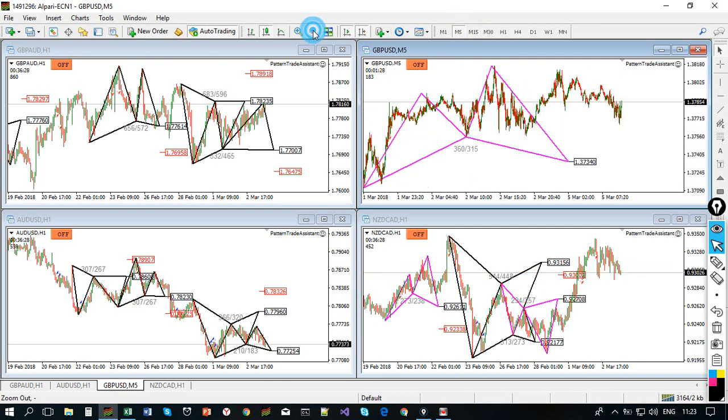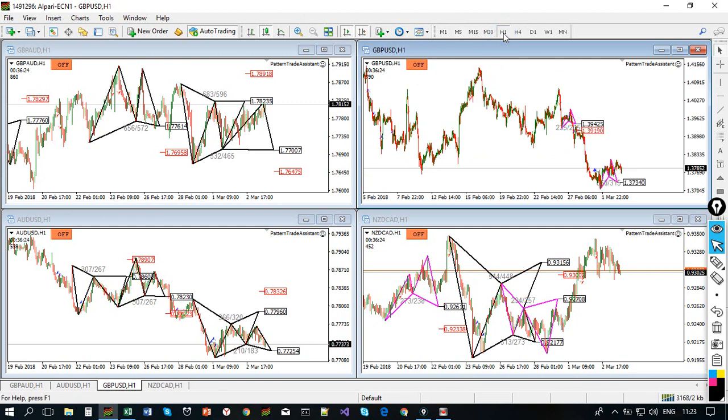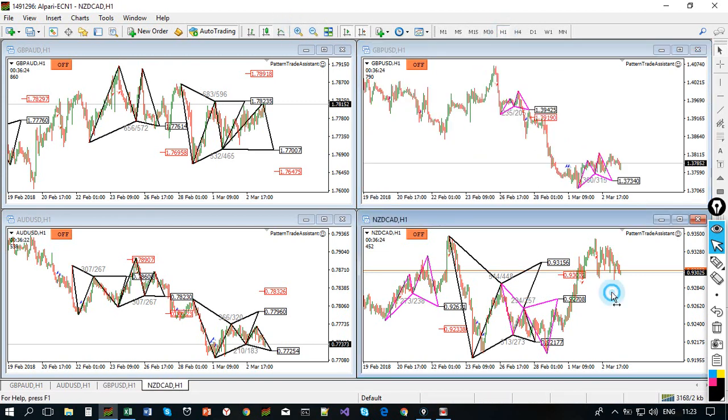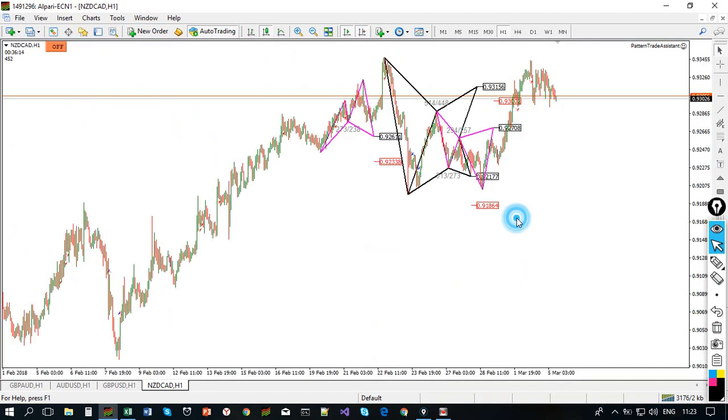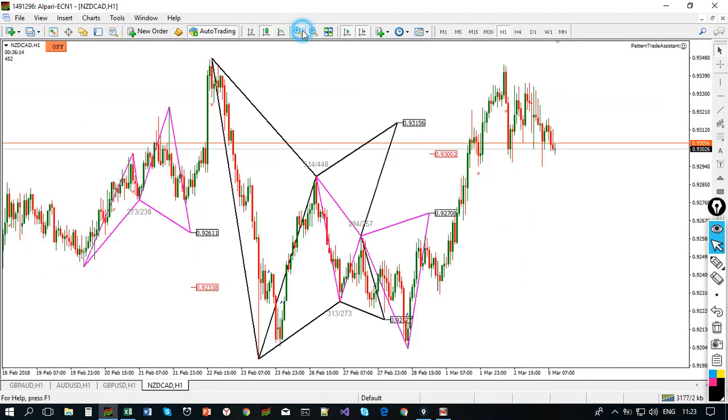This particular pattern should be executed on the 5-minute time frame because of its take profit. And this one, New Zealand Canada, already executed on 1 hour, 44.8. Let me show it to you. 44.8. It was this way.